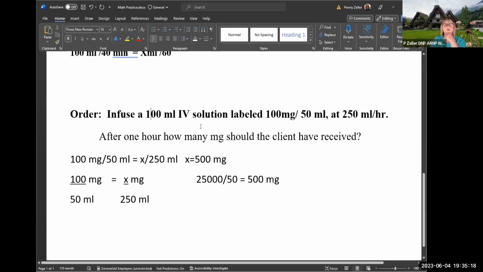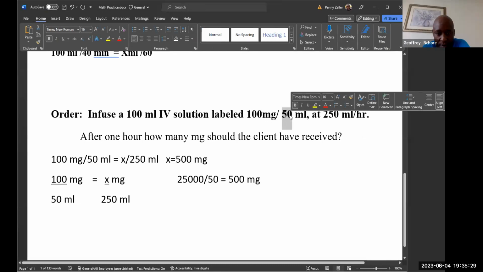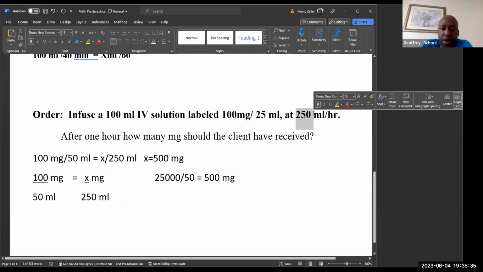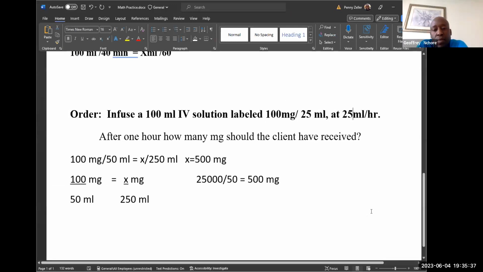Let's do a 100 ml solution. You have a 100 ml solution bag, and it's labeled 100 milligrams and 25 ml, and we're going to run it at 25 an hour. You want to run it at 100 an hour?